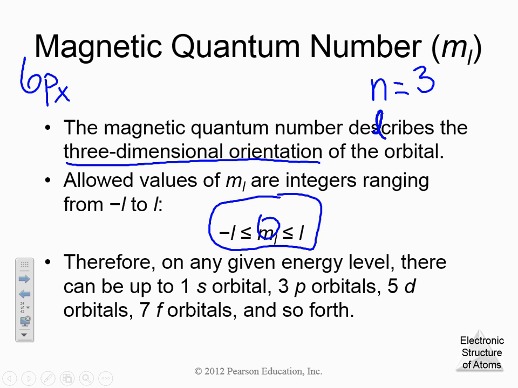That means L is equal to 0 to 2, which means the maximum value for L was 2, which means that in this case, M, our magnetic quantum number, can be greater than or equal to negative L. Well, the greatest value for L was 2. So M can be negative 2, negative 1, 0, 1, or 2.